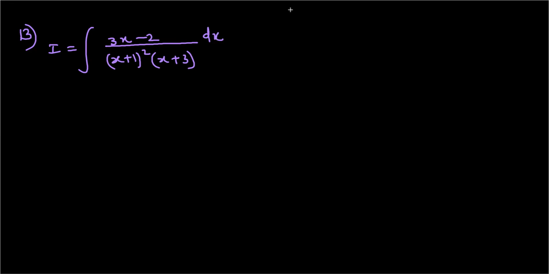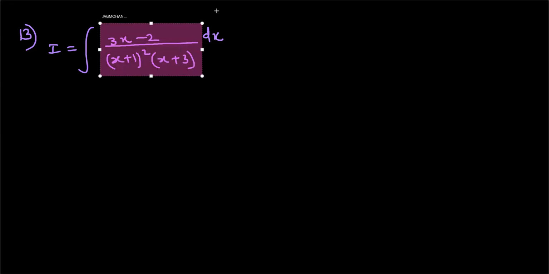The integrand is a rational fraction, a polynomial in x in the numerator and a polynomial in x in the denominator. This single fraction, I would like to write as several fractions. So how many fractions will I get?